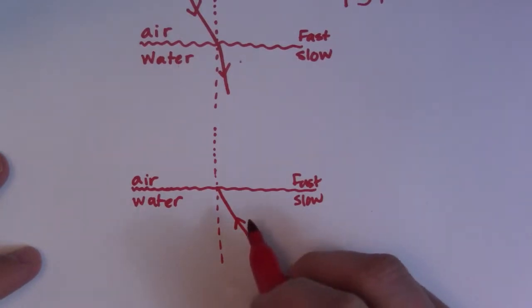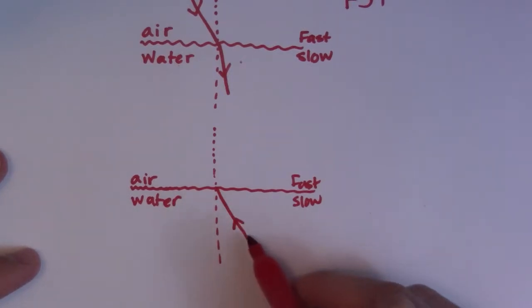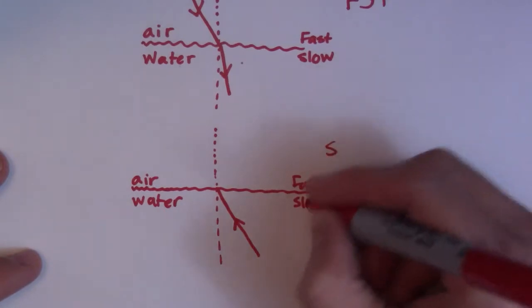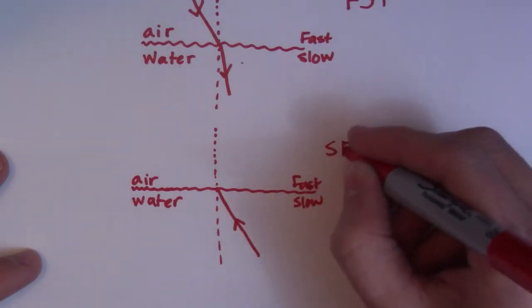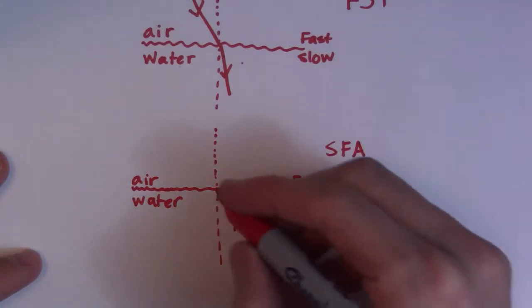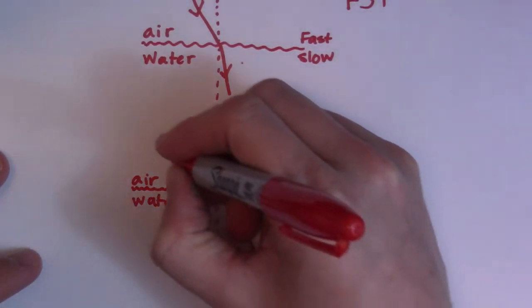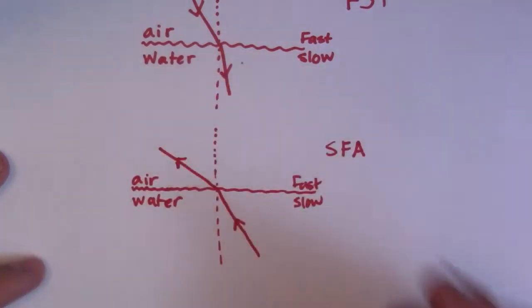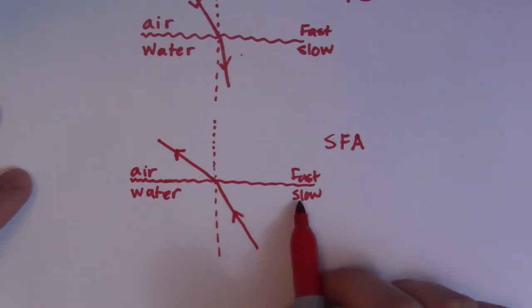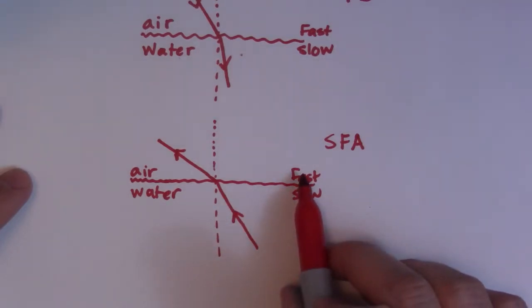Perhaps it's a fish, and the light comes up this way. So it goes from slow to fast. So SFA. It moves away from the normal line. So it actually bends this way, just like that.